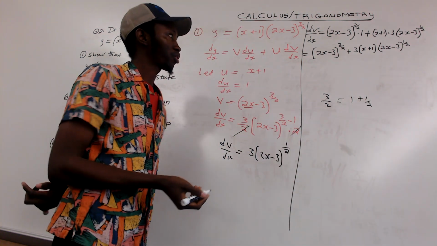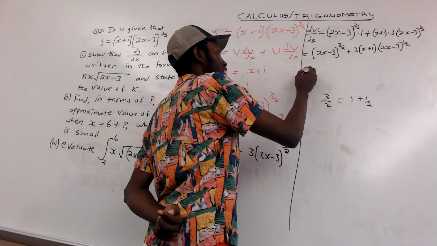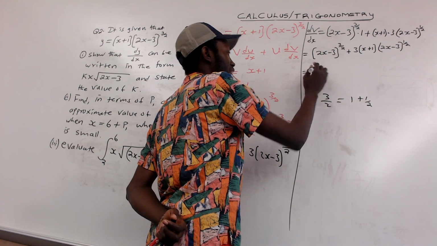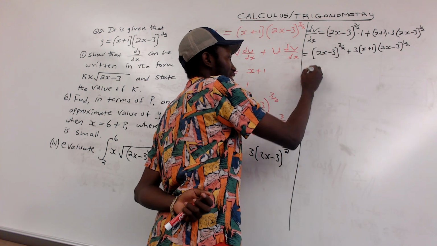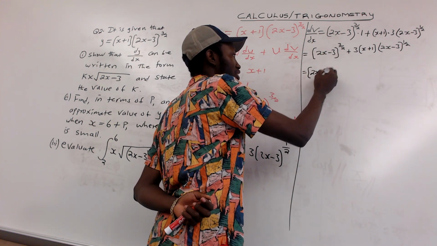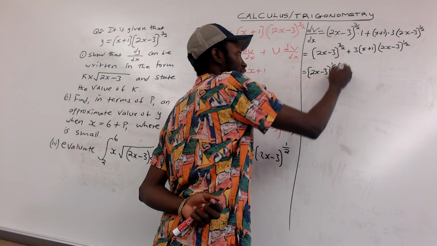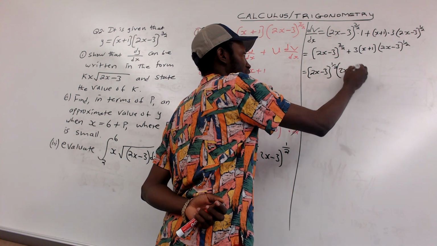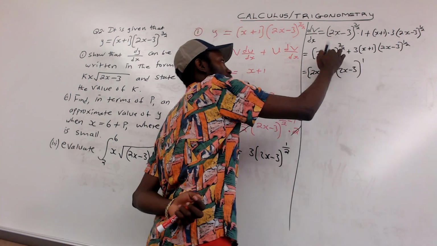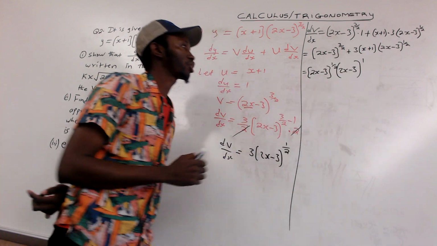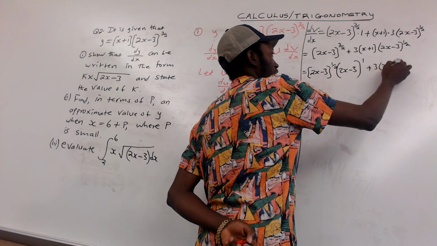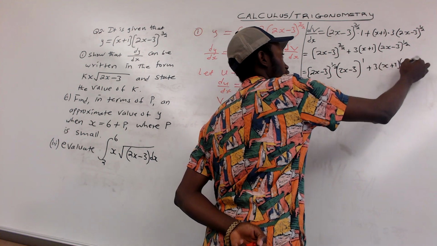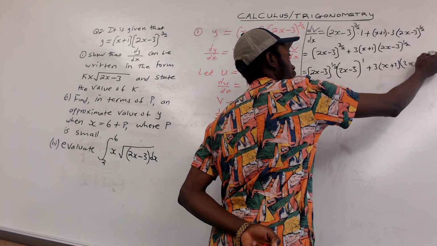So we need to separate these brackets. This becomes 2x minus 3 raised to power half times 2x minus 3 to power 1, plus 3 into x plus 1 times 2x minus 3 raised to power half.